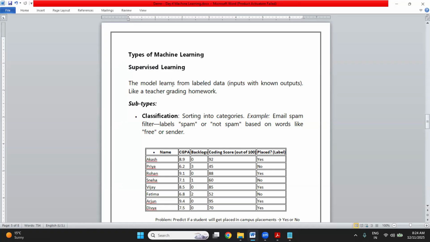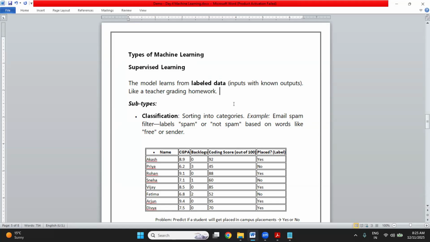When the model learns anything from the data under supervised learning, the data will have certain parameters. They are called labeled data. This is very important for supervised learning. Whenever you hear about supervised learning, just understand it is labeled data.